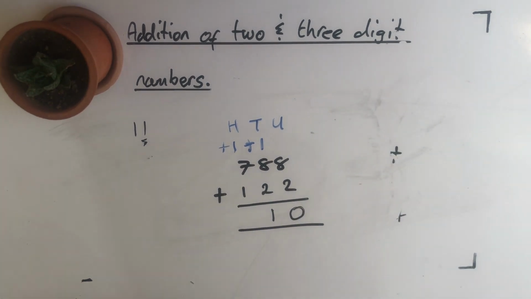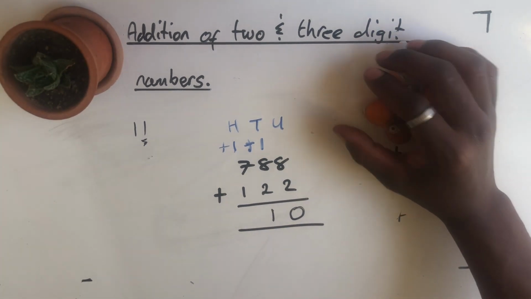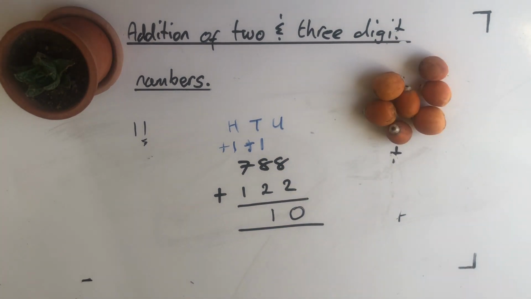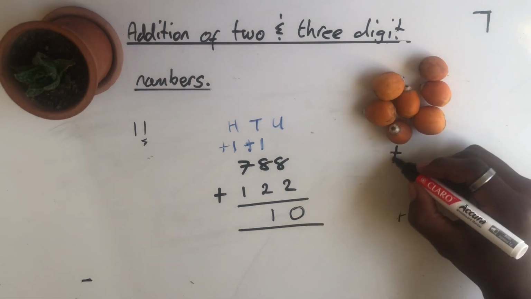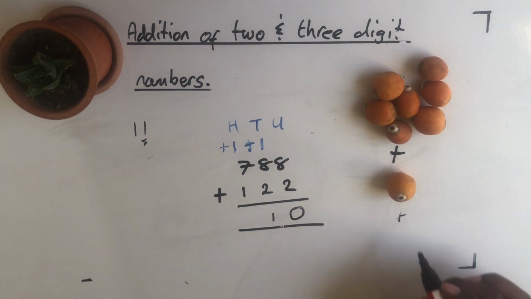So we start off with that 7. So that is 7 hundreds. Right? Plus 100. Right?